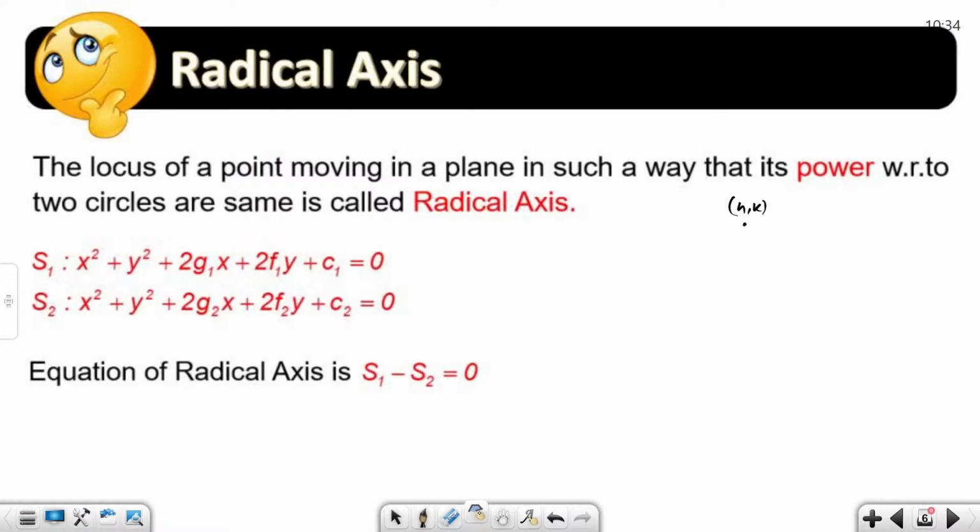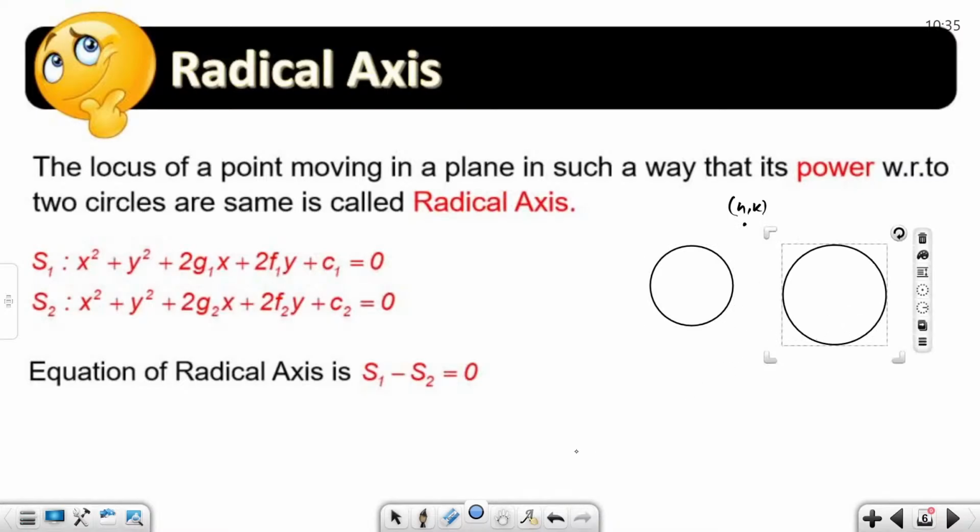Now from this point, let us say there are two circles. This is the first one and this is the second one. And now we are drawing two tangents from the point h, k on the first circle and on the second circle.